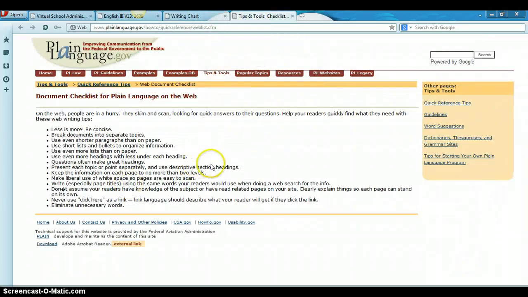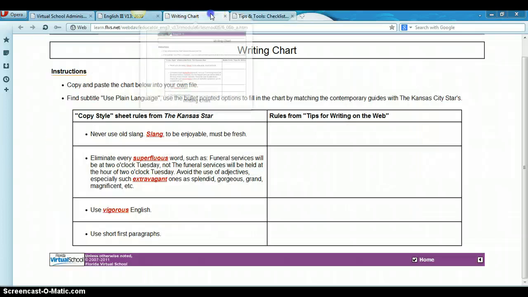When you find a match, for example, if you decide that this one goes here, you're just going to highlight it, copy it, and paste it on your copy of the writing chart. If you're having a hard time making the chart, just label them 1, 2, 3, and 4, and I'll know which is which. So it is okay to copy and paste.